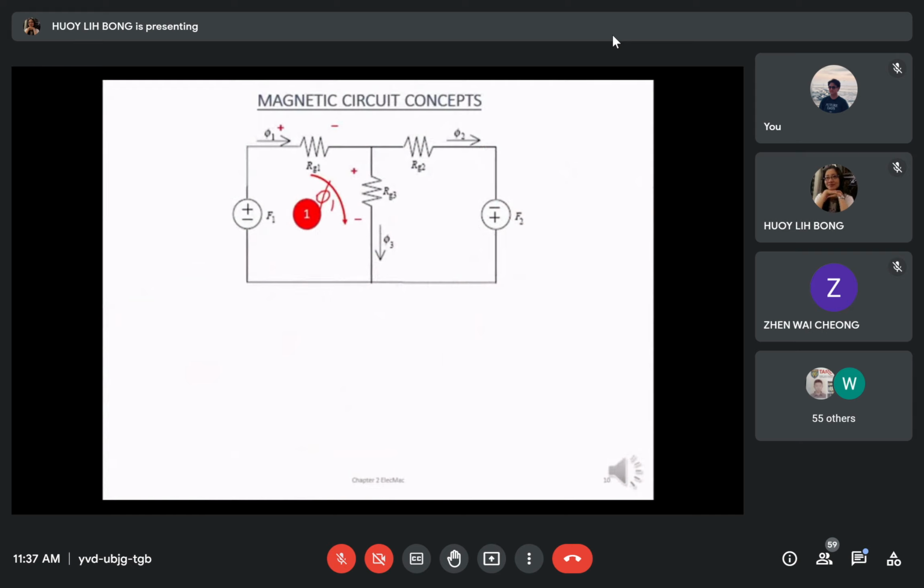On the second loop, we will also label the flux direction as clockwise, and also label the reluctance polarity based on the flux direction.